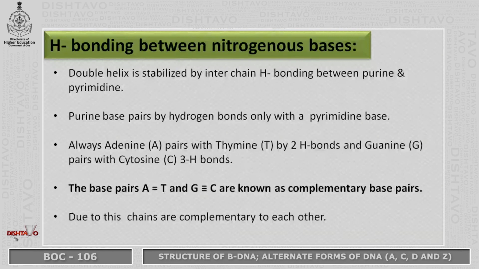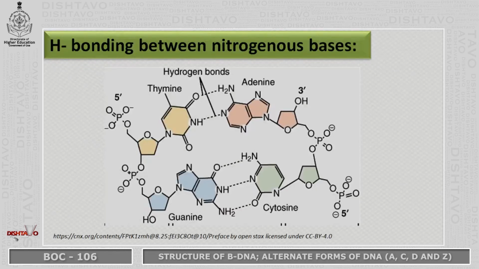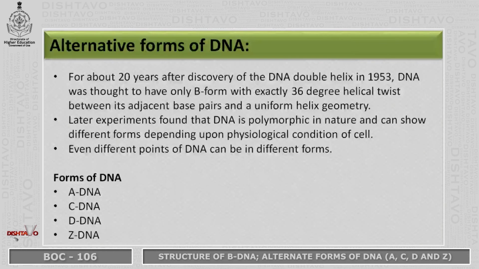The base pairs adenine-thymine and guanine-cytosine are known as complementary base pairs. Due to this, the chains are complementary to each other. You can clearly see the hydrogen bonding between nitrogenous bases of the complementary strand in this given structure. The thymine bonds to adenine by 2 hydrogen bonds and guanine bonds with cytosine with 3 hydrogen bonds.